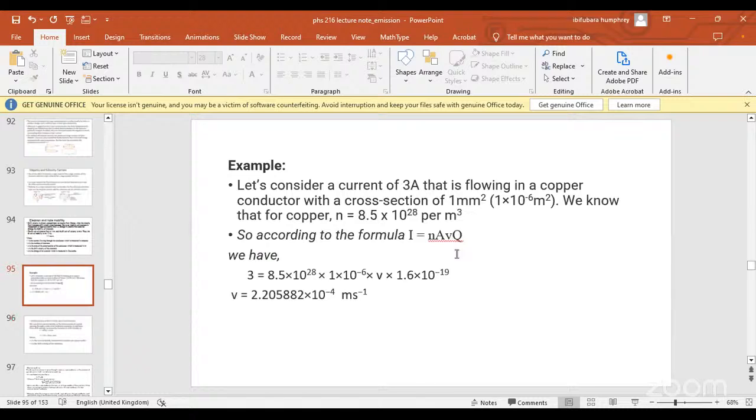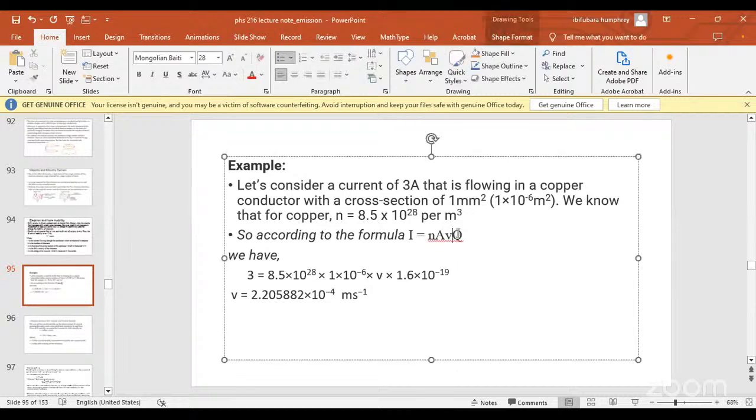So with that NEVA formula, we should be able to find the drift velocity. We are asked to find the drift velocity. So current is known, which is 3 ampere. Area is known, which is 1 millimeter square.